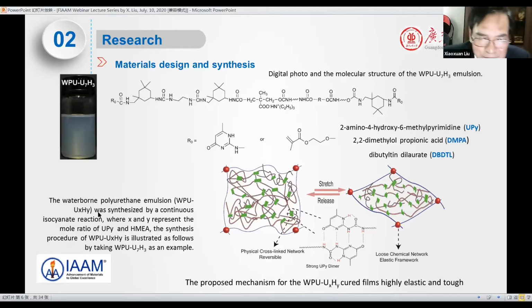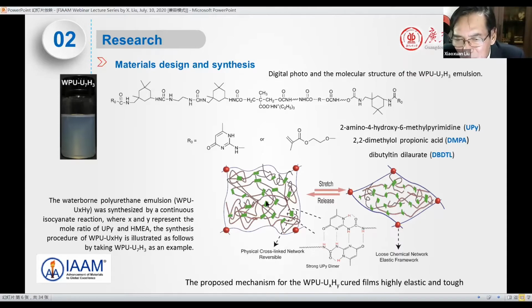So we can make waterborne PU cells by continuous isocyanate reactions, where X and Y represent the molecules of the UPIs and HEMA, to synthesize the elastomers as the samples.